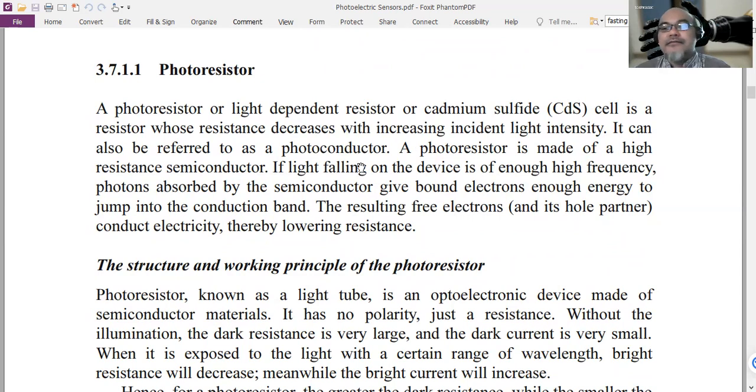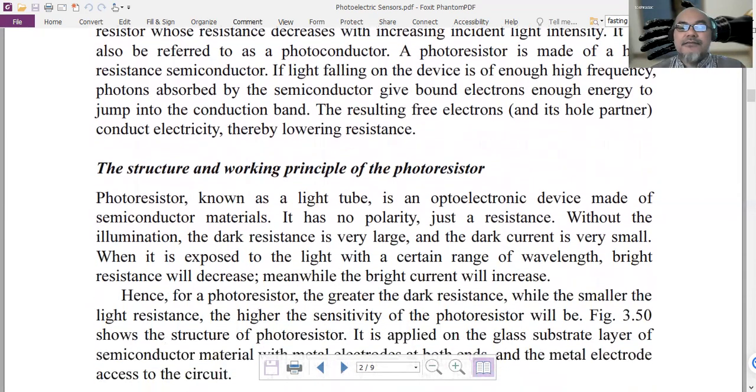So then you can see it either from the electron point of view, where the electron flows from one atom to another, or from the hole. The hole also flows in the opposite direction, and therefore electricity is being conducted, lowering the resistance.